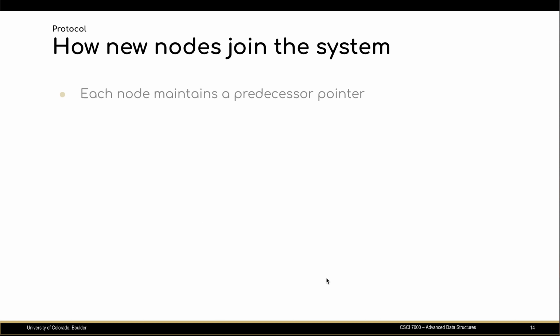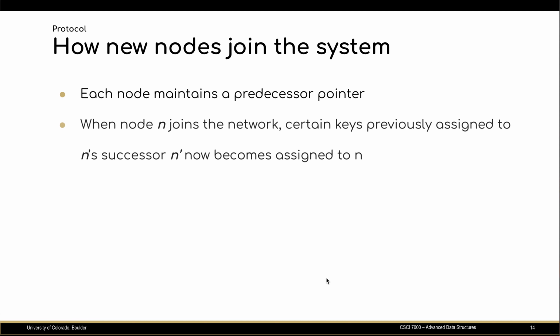How do new nodes join the system? Each node maintains a predecessor pointer, and whenever a new node n joins the network, certain keys previously assigned to n's successor, let's call it n prime, now become assigned to n. So that means n, when it joins the cluster, takes some of the keys from its successor and becomes responsible for those keys.